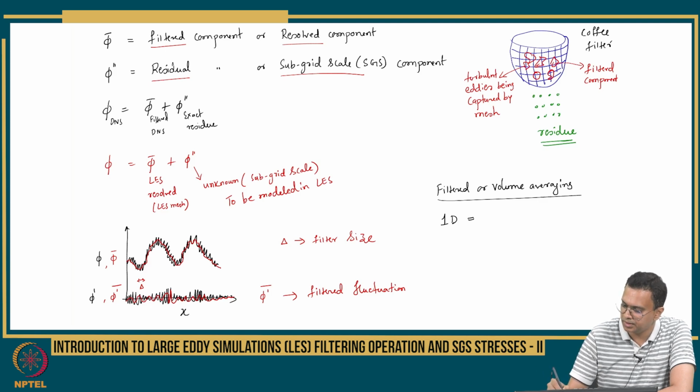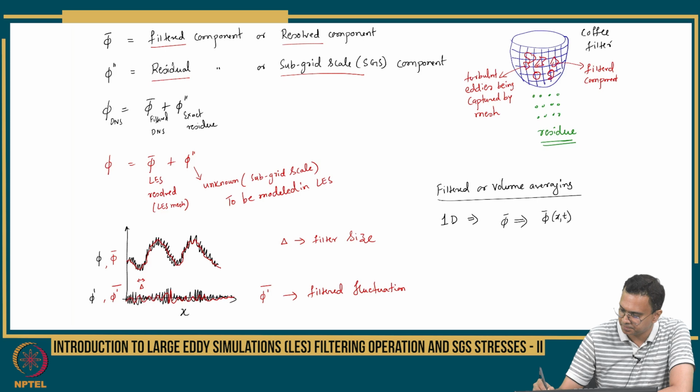So for a 1D, if I define this, it looks like this. I have phi bar of x comma t, so one dimensional.